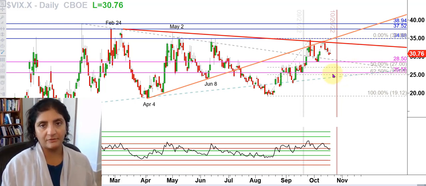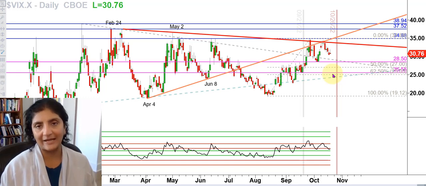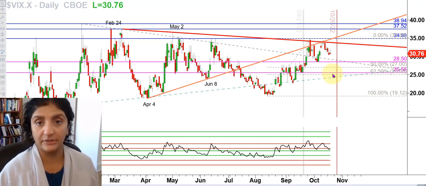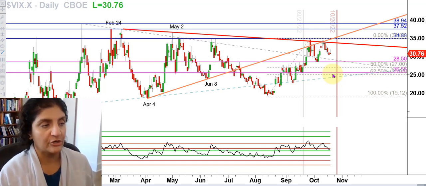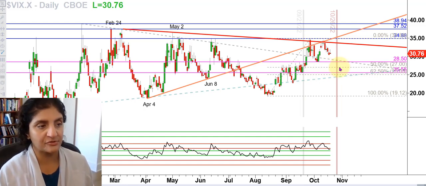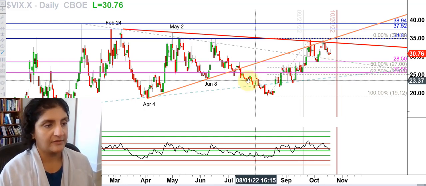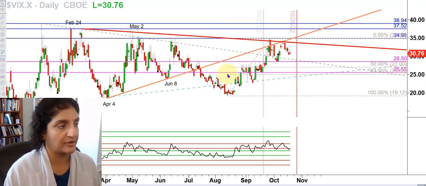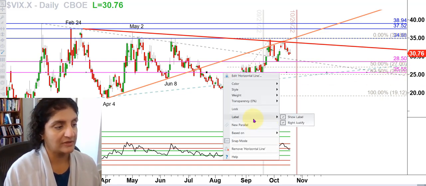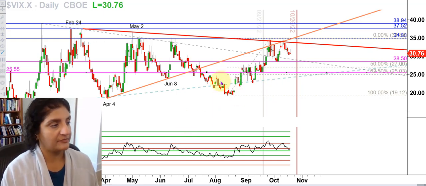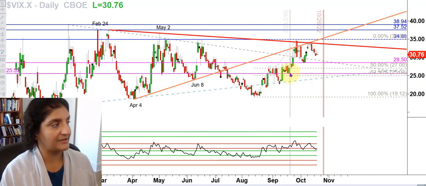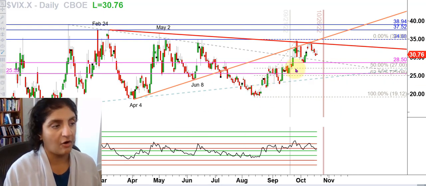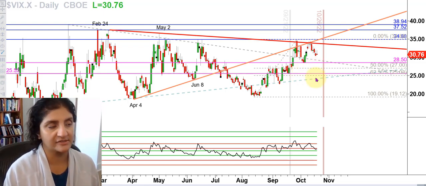When a market, even the VIX, pulls back into that sort of area, there's a higher likelihood that it's actually going to hold. So between the 50% retracement at 27, the 62.5% retracement at 25.03, and I'm just going to move the label so it's easier to read, this support level at 25.55, all of that suggests that there's a very big zone of support here in the VIX.